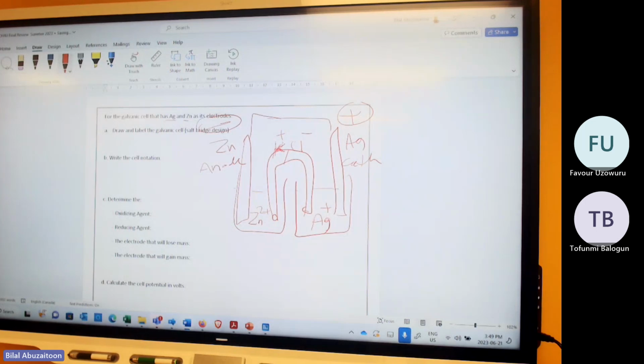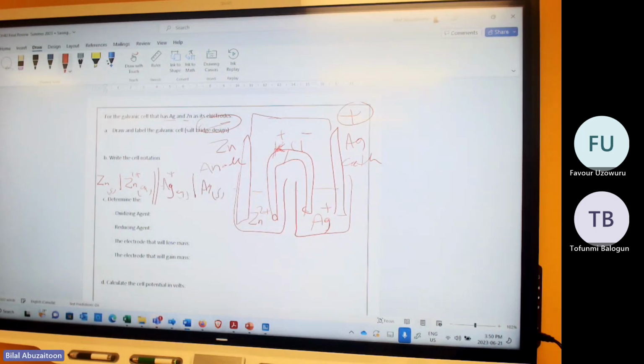The cell notation. Once we know that the Zn is the oxidation, I start with it. Zn solid, Zn2 plus aqueous, the salt bridge, these two bars. Then the reduction. Which one reduced? Ag plus aqueous, Ag solid.